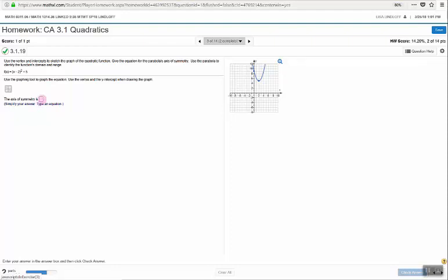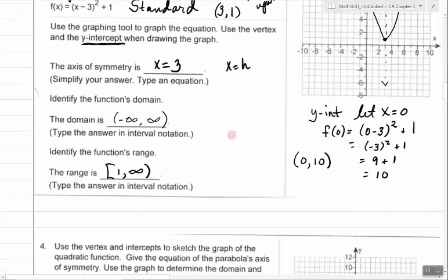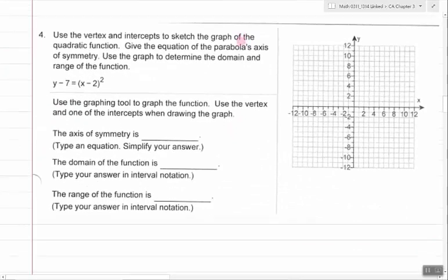And I don't have my keyboard attached right now, so I'm not going to finish this. What I wanted to show you was do the vertex and then the y-intercept. When you do the vertex, it starts out looking like a line, but when you hit the y-intercept, it opens into that parabola. All right, I've gone back away from that, and let's look at question number 4.